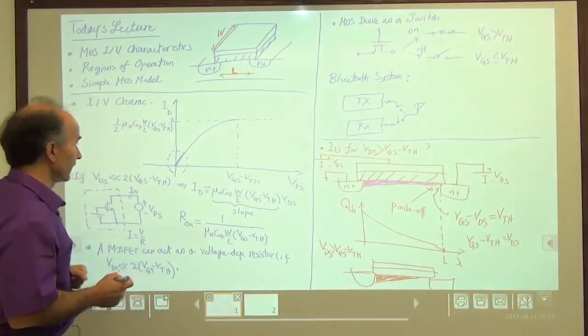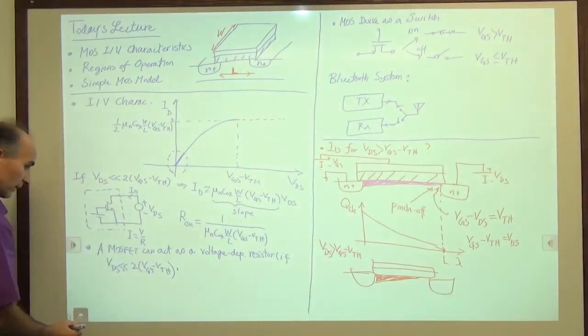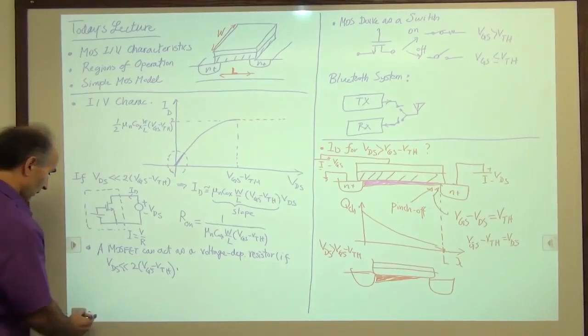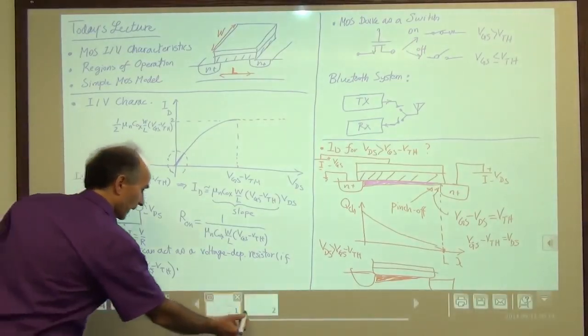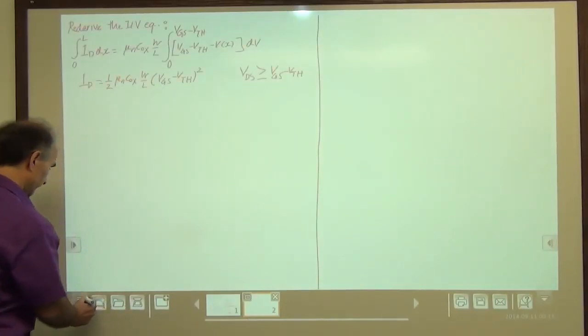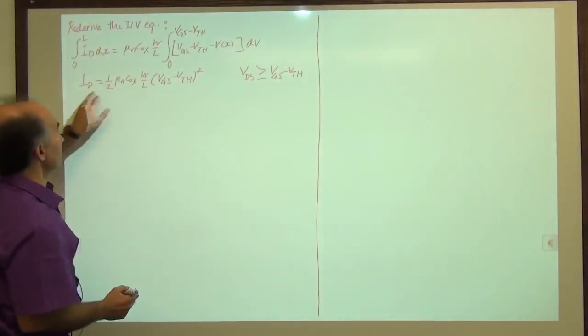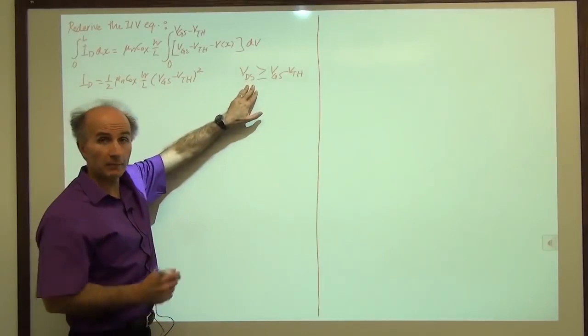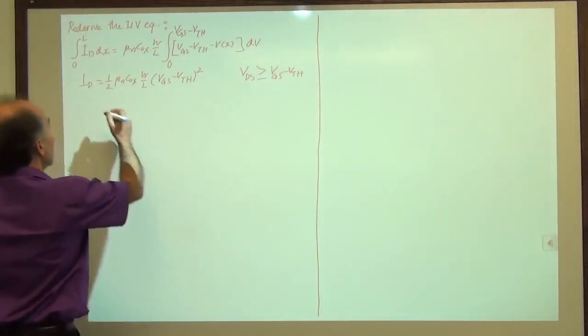All right? So let me go back and summarize all of these on a new page to make sure that we have everything under control. Okay, so this is the equation for beyond pinch-off.